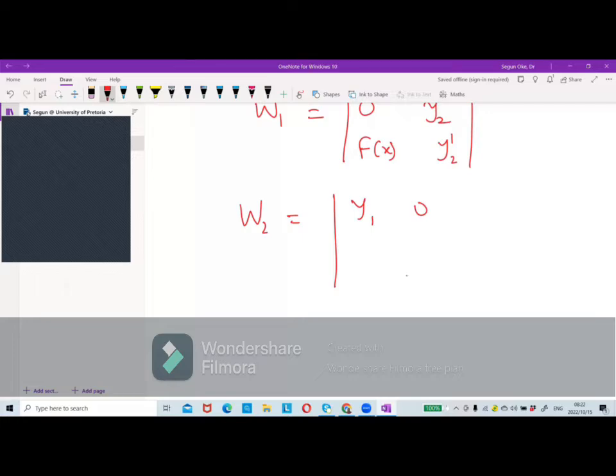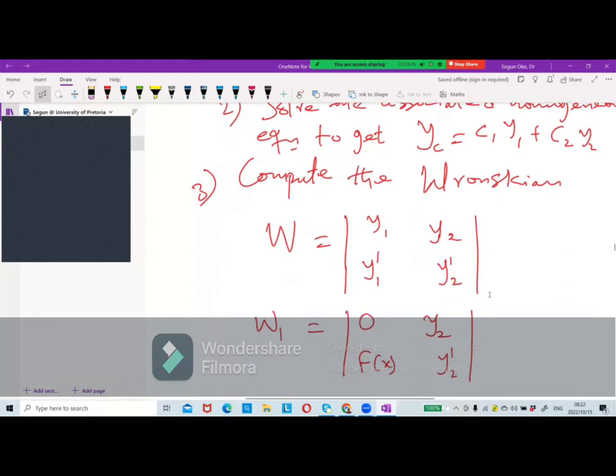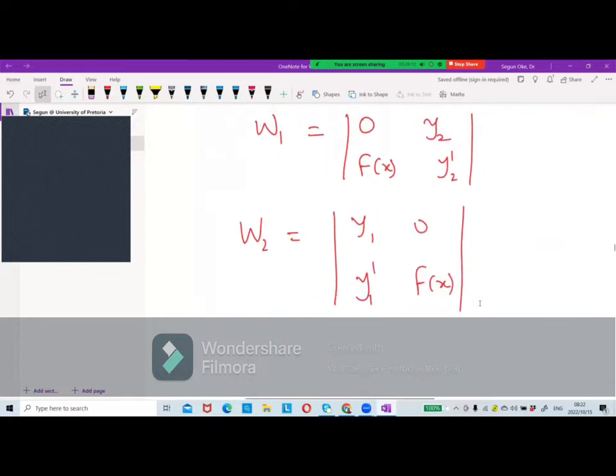You take the other side to be 0, and the y prime of 1, and f of x will now take place here. So that's how you compute. Don't forget that this particular law that I'm using is the same law as the theorem of determinant. That is, you cross multiply here, you multiply both of them, then you have your answer. So now let's move on.